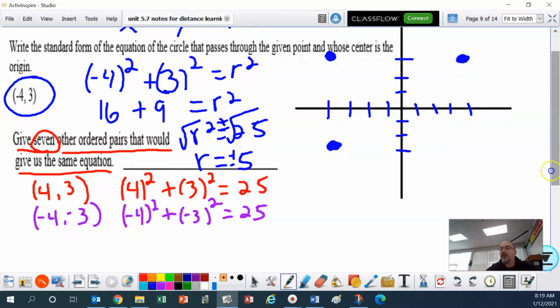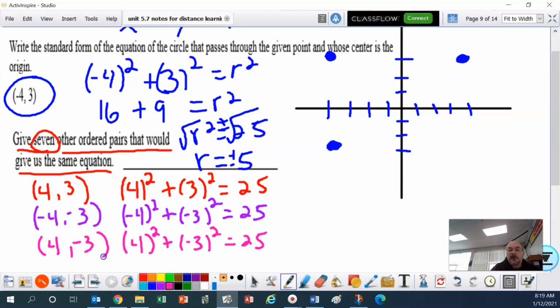I bet there's one in the other quadrant. I bet we could say positive 4, negative 3. Let me do that one in pink. Positive 4 squared plus negative 3 squared also gives us 25. So positive 4, negative 3 would be right about here.